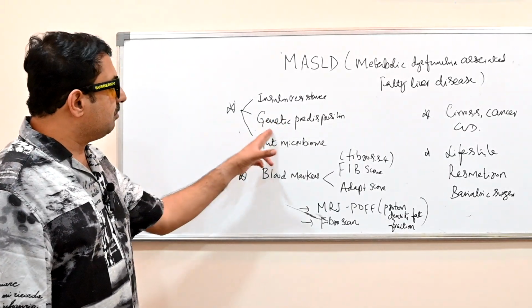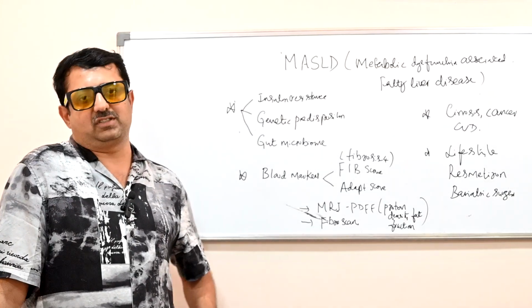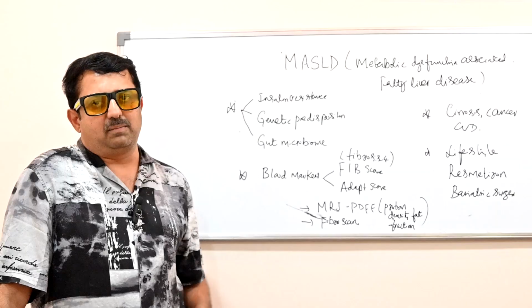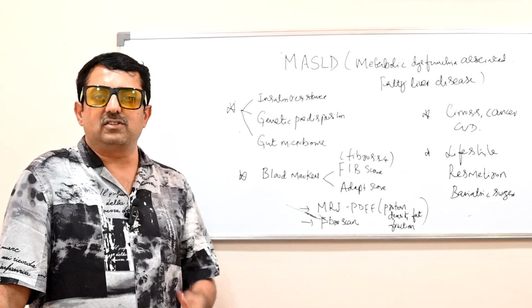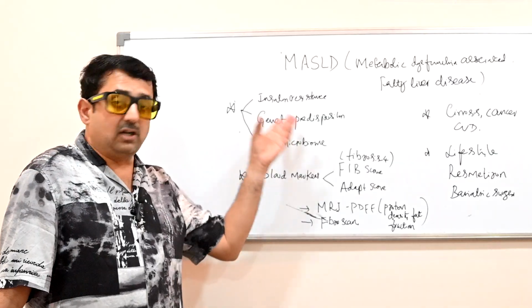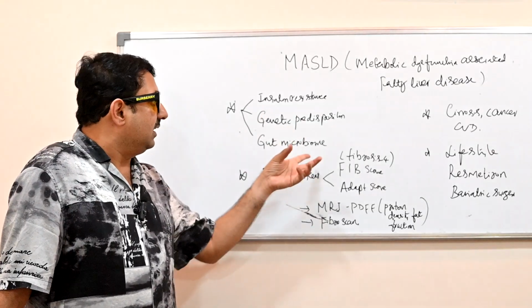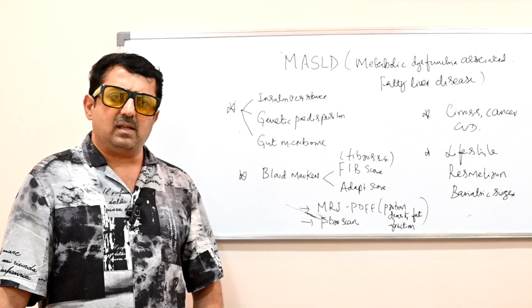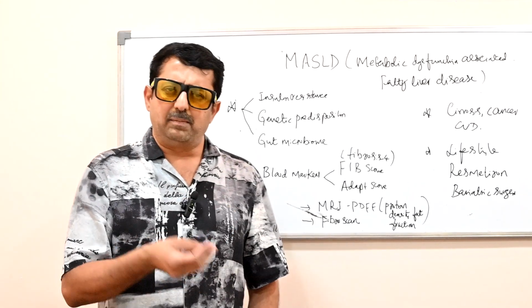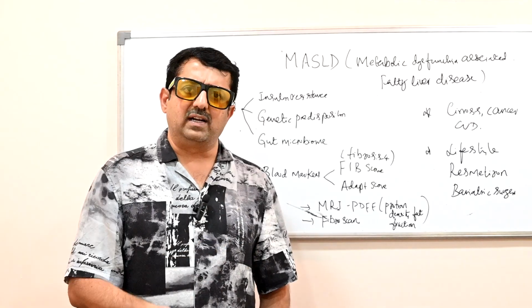Other than that, some people also have a genetic predisposition. Let's not think too much about it, because genetic predisposition is not in our control. We focus more on what we can control. And third is the gut microbiome. Nowadays people are under too much stress and keep eating outside, with multiple food varieties.